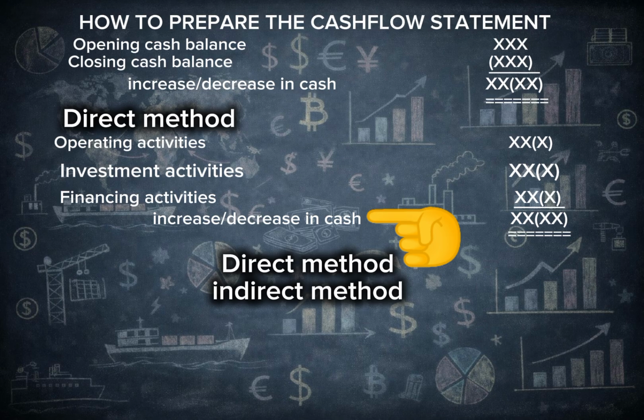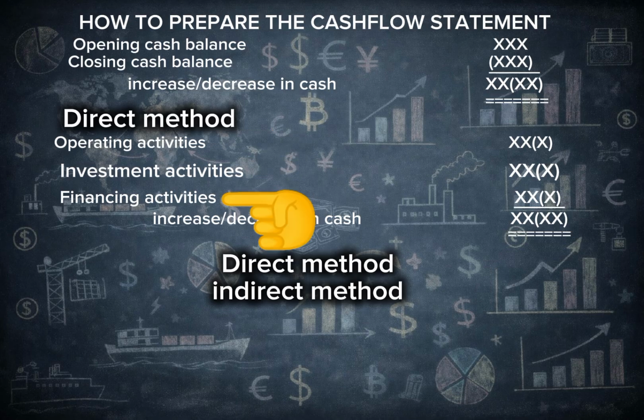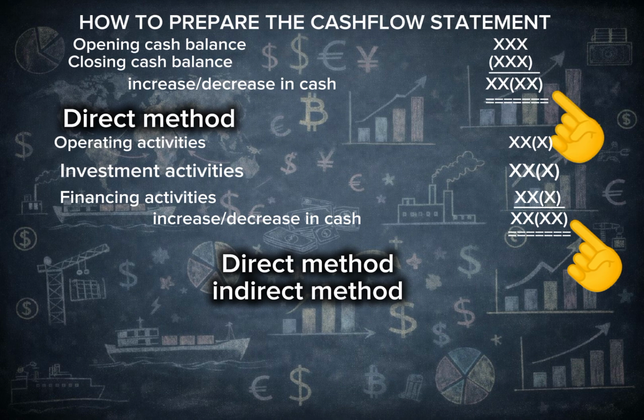What I am saying is that this method shows our actual cash receipt and payment of our core activities, our other activities, and activities related to funding of our business.